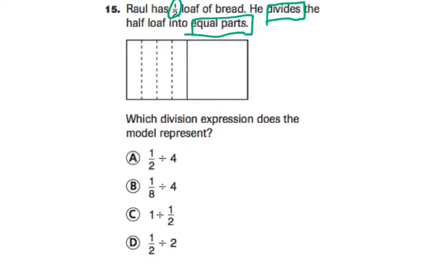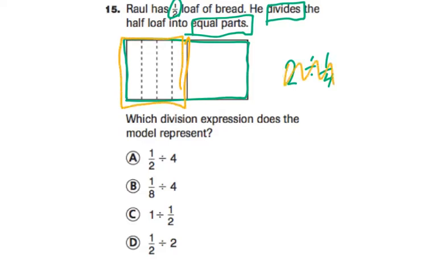Because this could either look like 2 wholes divided by 1/4, or I can think of this whole amount as a whole and then just look at this part as a half. And actually, that's what we're going to look at, because he's starting with 1/2 and he's going to divide his 1/2 into 4 equal parts.